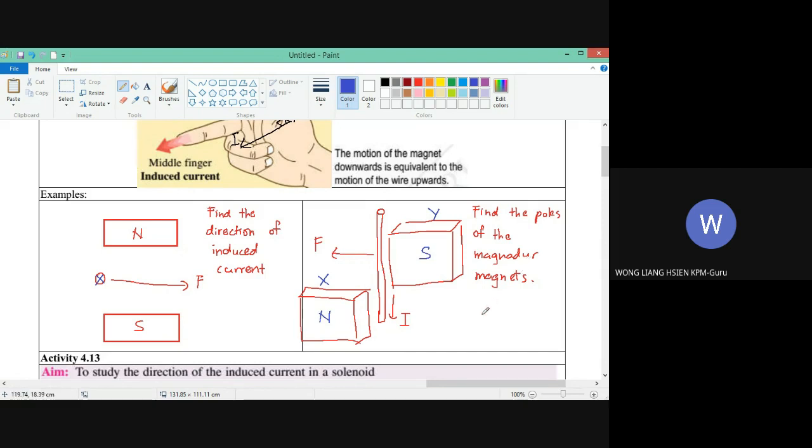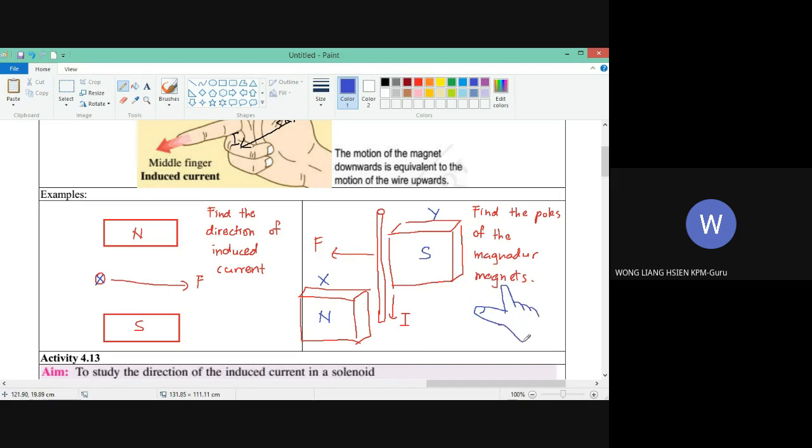Okay, so your hand should look like this. This is your thumb, and then this is your finger.